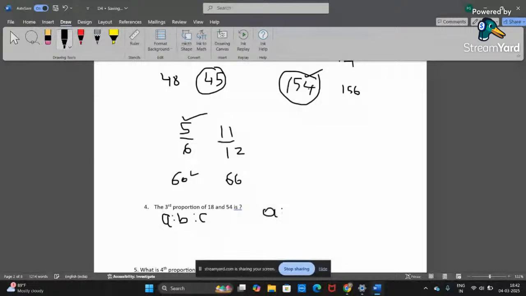So what we have to do now? This A is to B, that means, for example, 5 is to 6. We are writing it as 5 by 6, right?